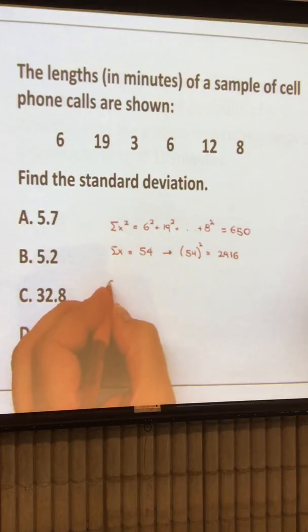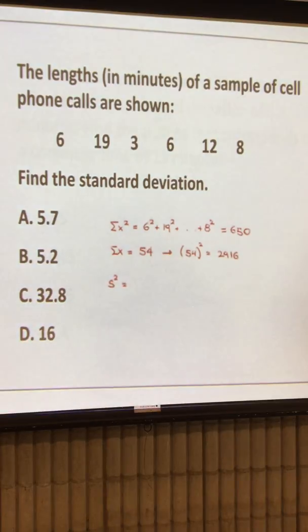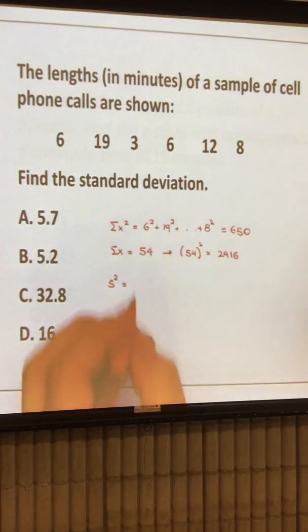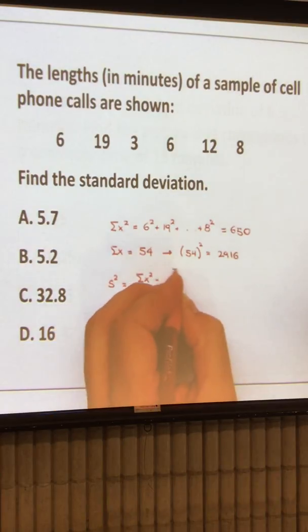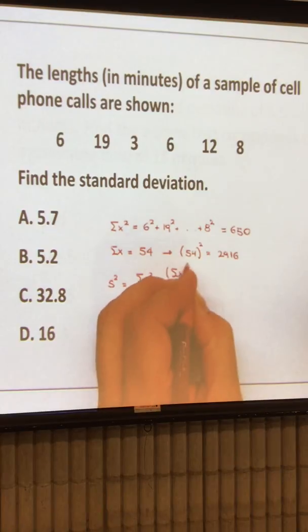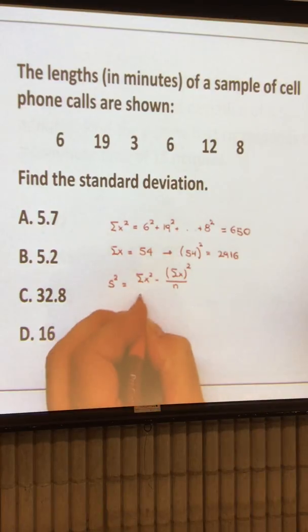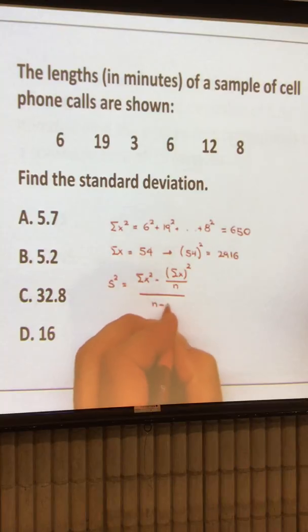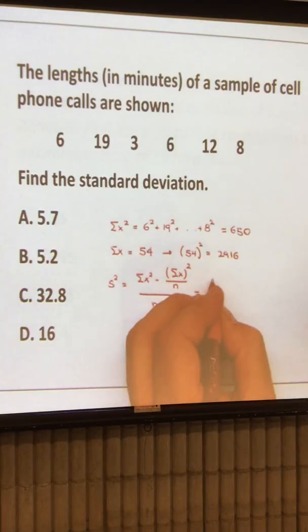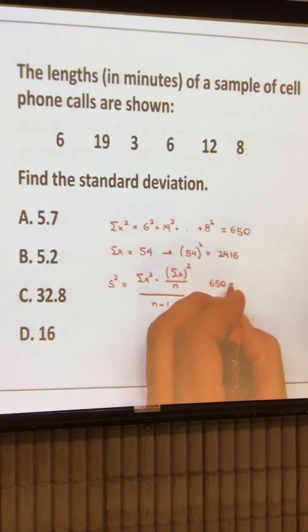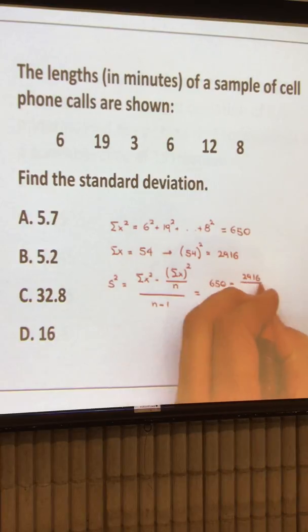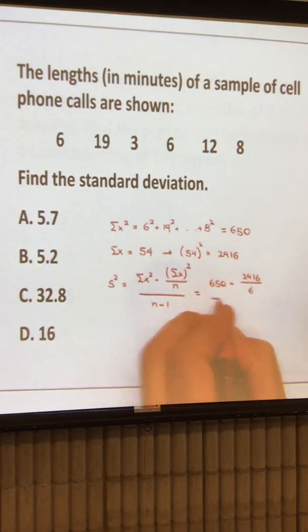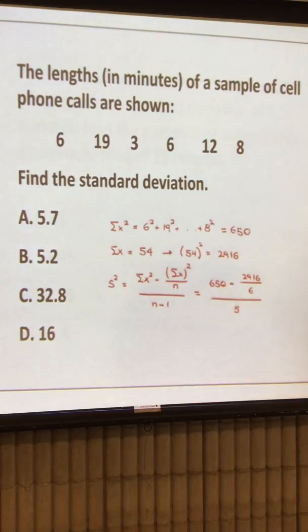And then we have to use the formula for the sample variance. Let me write the formula. Summation of x squared minus summation of x squared over n minus 1. This is 650 minus 2,916 over 6, and then you divide by 5.